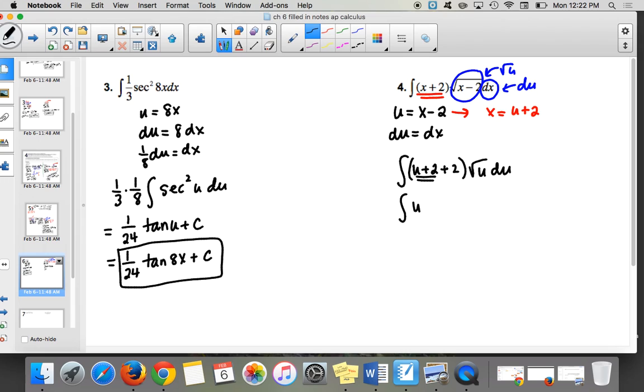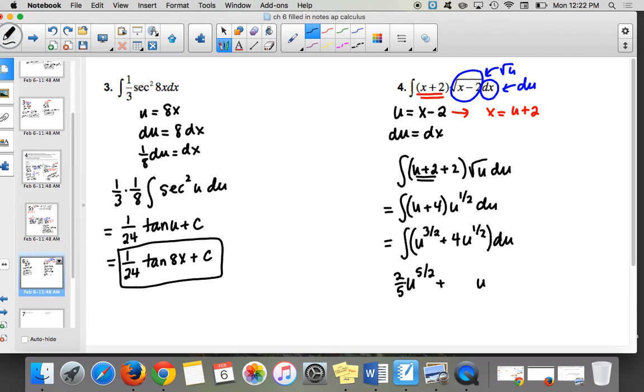So we're going to have u plus 4 multiplied by u to the 1/2 du, which will be u to the 3/2 plus 4u to the 1/2, and then I integrate. So we're going to have u to the 5/2 with the 2/5 out front.